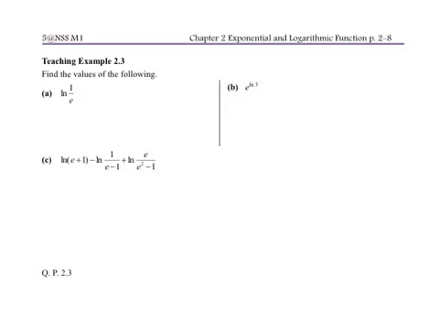If you're familiar with logarithm, it is quite simple to you. We can write it as negative ln e to the power of negative 1, so it's negative 1 times ln e, and ln e equals 1, so it's negative 1. Part b is quite strange.